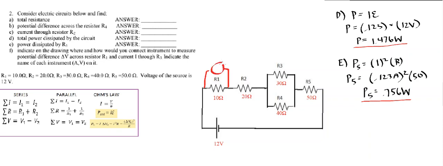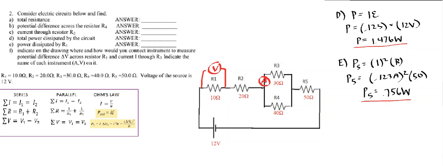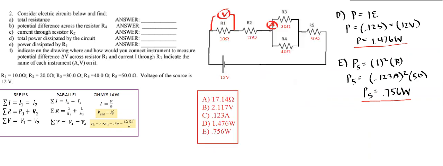So we would draw it like this and put a V for voltmeter. Now remember, ammeters go on the wire as the current runs through it. So to find the current through resistor 3, we can place our ammeter right before resistor 3. And once again, here are all our answers, with the drawing being the answer to F.